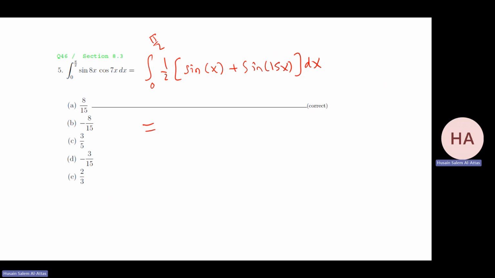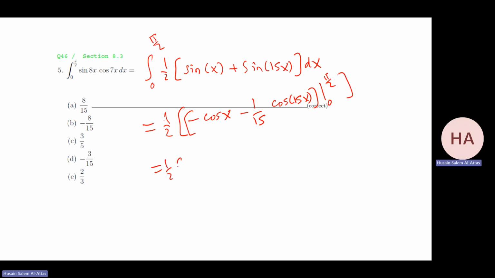Sine cosine give me sine the difference plus sine the sum. So that half, take it outside. What I have here, that will be minus cosine x minus 1 over 15, correct? Cosine 15x from 0 to pi over 2.